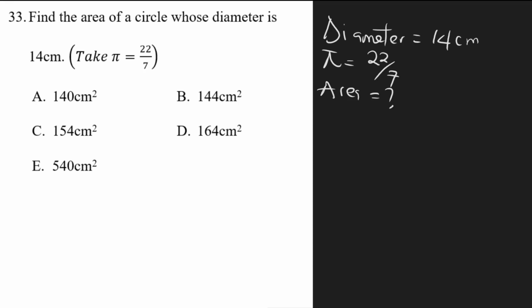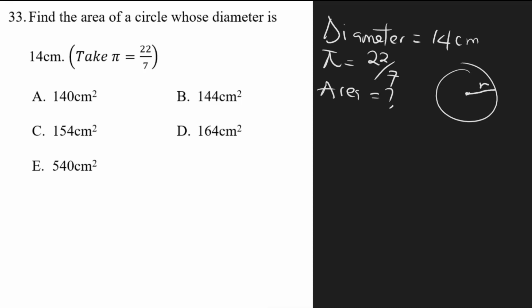We don't know. So now, if you know the properties of a circle, you have something like this, right? You know that the line from the center to any point of the circumference is known as the radius, right?